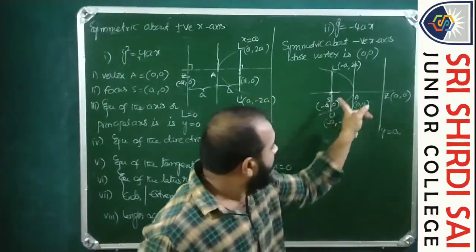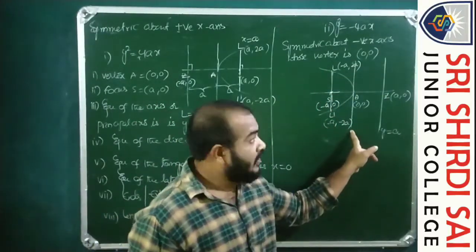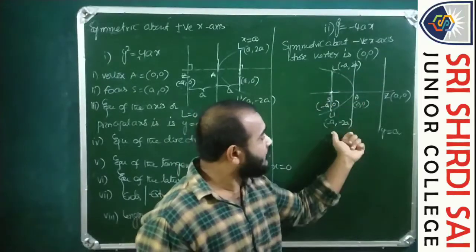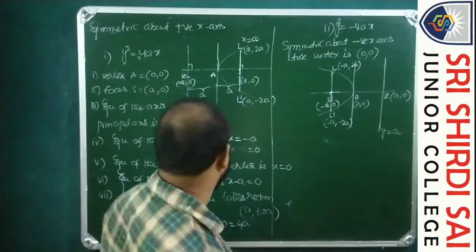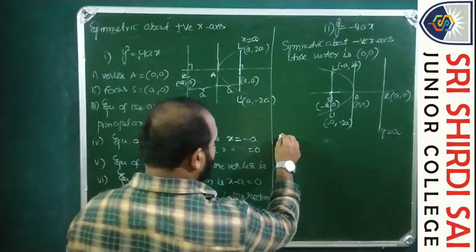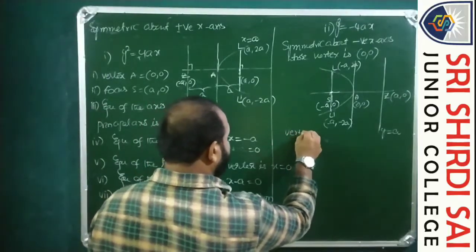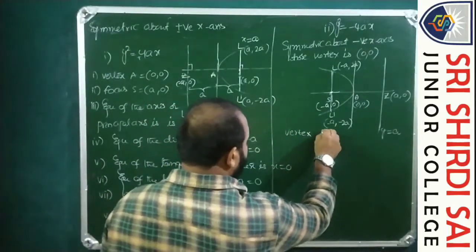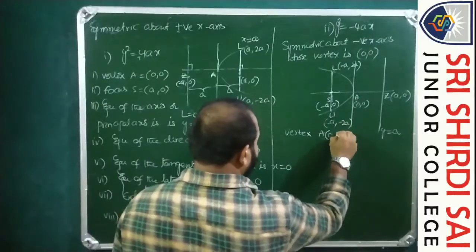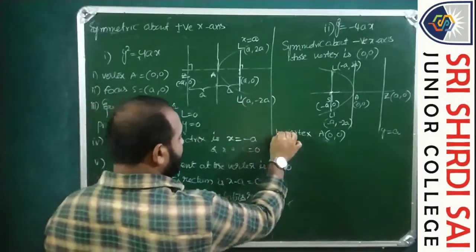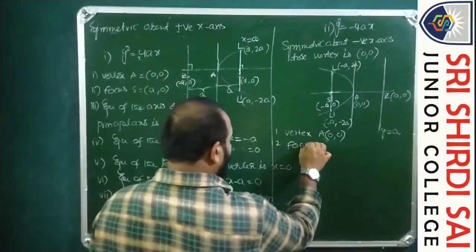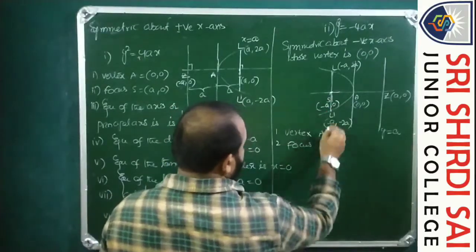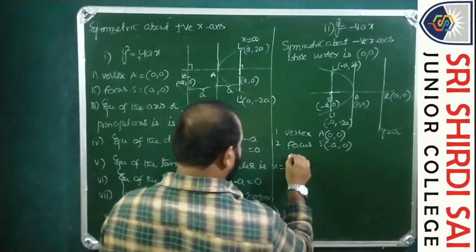Minus a comma 2a, minus a comma minus 2a. That means minus a comma plus or minus 2a are the ends of the latus rectum. So let us try to write these points. The vertex A is 0, 0. The focus S is minus a comma 0.